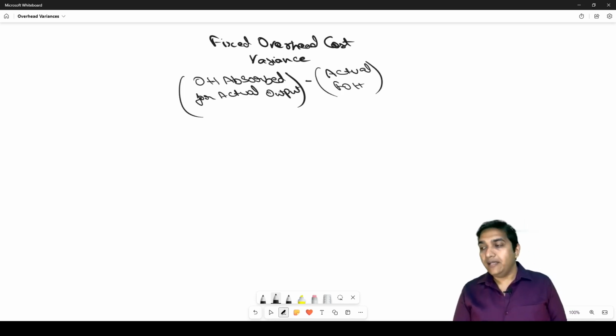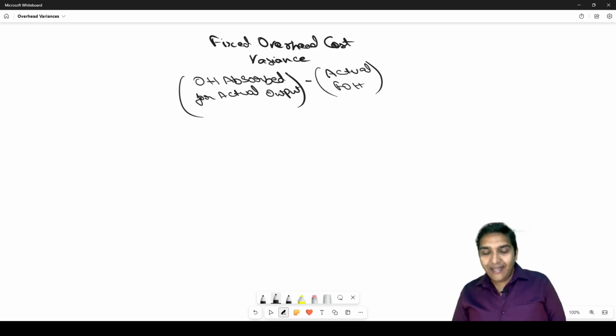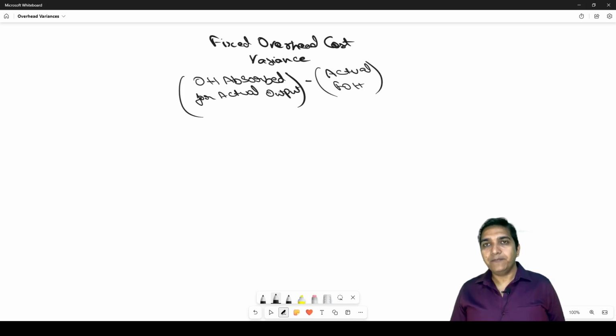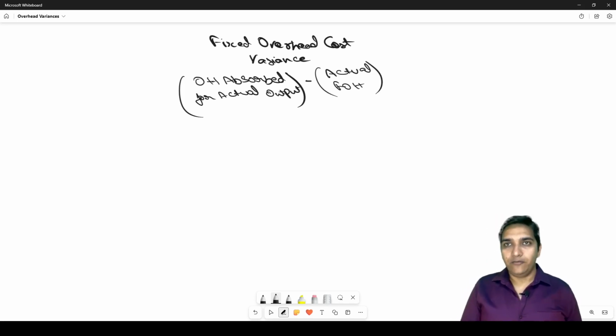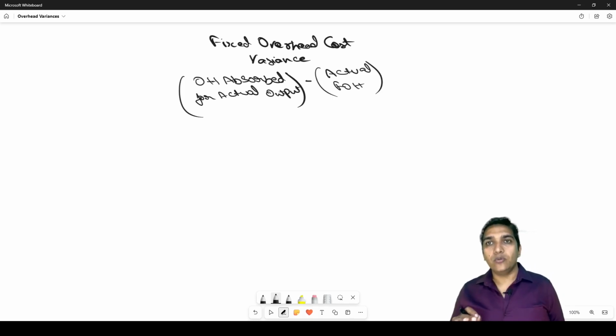Now what is overhead absorbed for actual output? While we were discussing variable overheads earlier, we had their standard overheads for actual production. Here also it is similar. However, we do not use the word standard, we use the word absorbed.